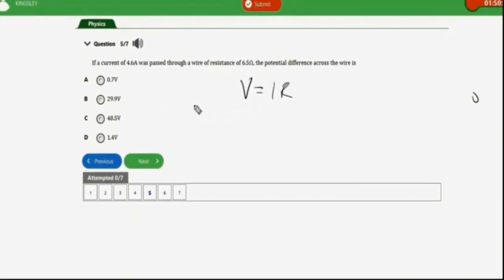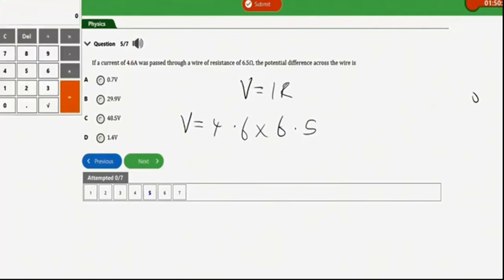In this question we are looking for the potential difference across the wire, so V will be our current 4.6 times our resistance 6.5. So let's punch this on the calculator and see what it's going to give us. We have 4.6 times 6.5. So the output is 29.9 volts. The correct option is option B, 29.9 volts. So that's it for this question.